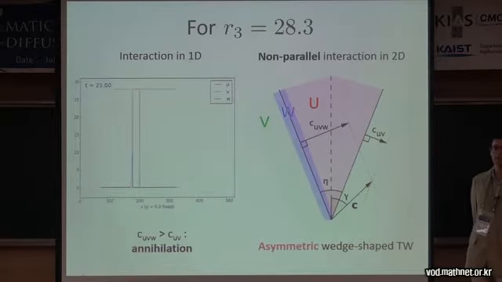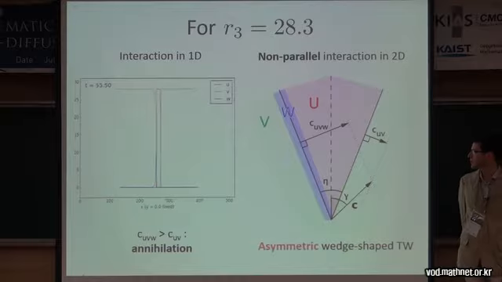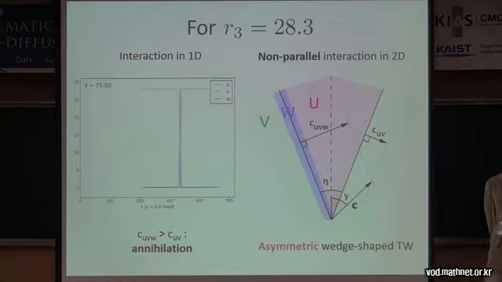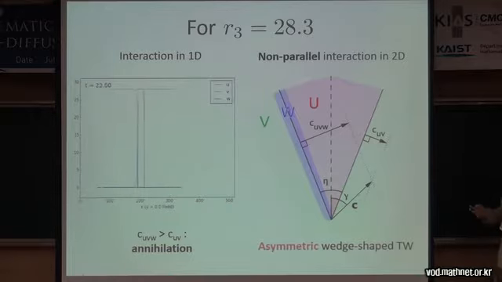And so in the same way as before, we may expect the appearance in two dimensions of a wedge-shaped traveling wave. However, in this case, we no longer have symmetry because the two sides of this wedge are made up by two different waves, which collide at the tip of the wedge and are annihilated at this point.